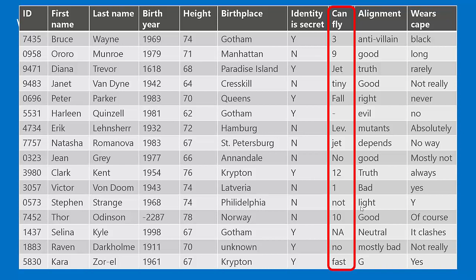And it's clear, based on the fact that Clark Kent is a 12 and Bruce Wayne is a 3, that high numbers mean a good flyer. We have notes. Jet, presumably can fly, but in a jet. Lev, which we do some research and find it's short for levitate. We have some no, not applicable, blank.